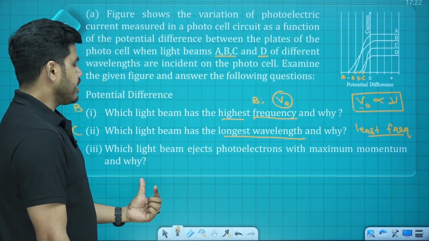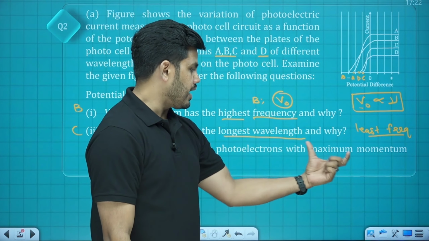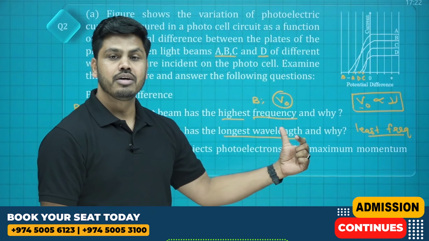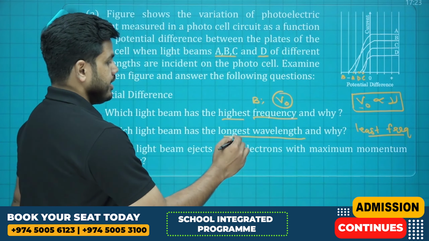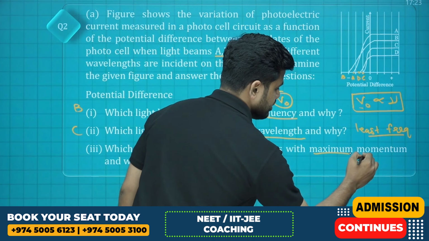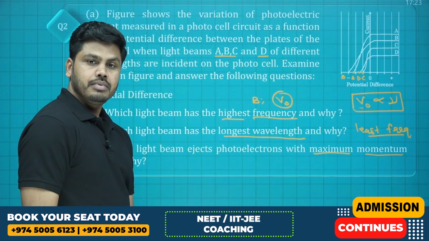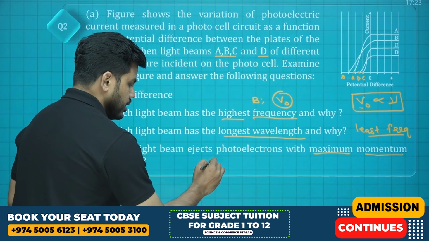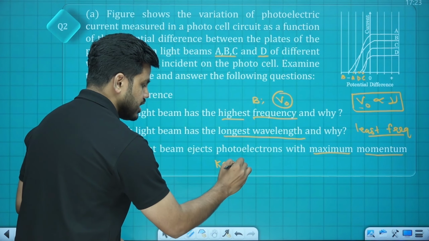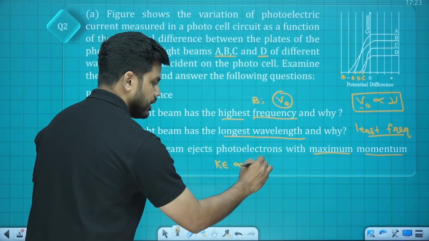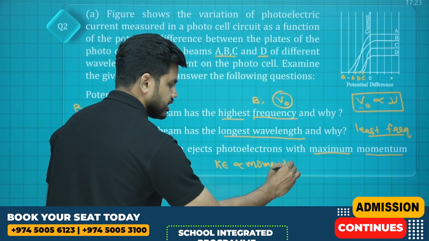Okay, now which light beam ejects photoelectrons with maximum momentum and why? See, here we have to find the maximum momentum. We can relate kinetic energy and momentum, right? Momentum is related to kinetic energy.